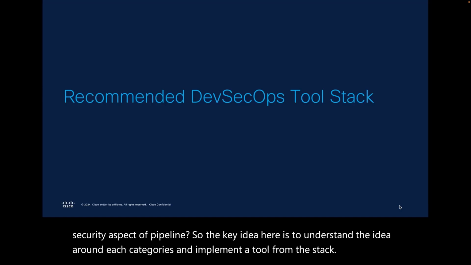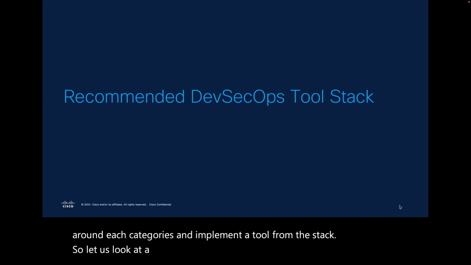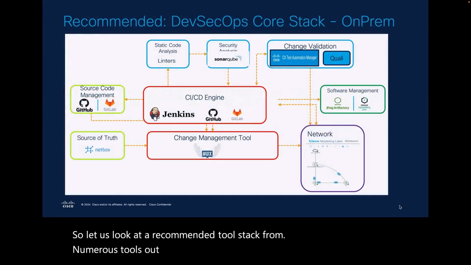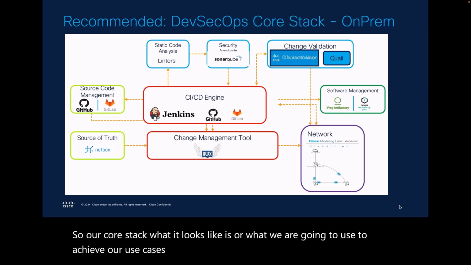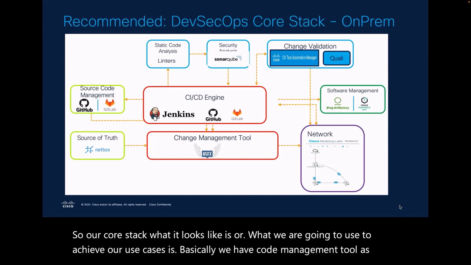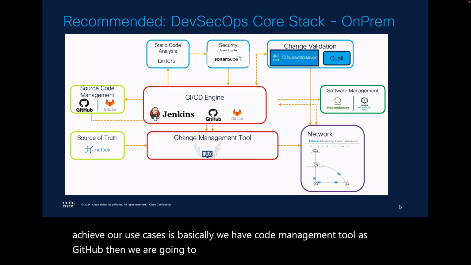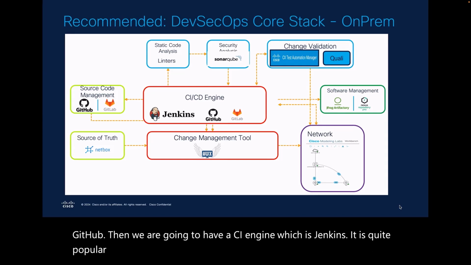So let's look at a recommended tool stack from the numerous tools out there we just discussed. Our core stack, what we are going to use to achieve our use cases, is basically: we have a code management tool, GitHub. Then we're gonna have a CI engine, which is Jenkins. It's quite popular and easy to use, a plugin-based scalable engine.